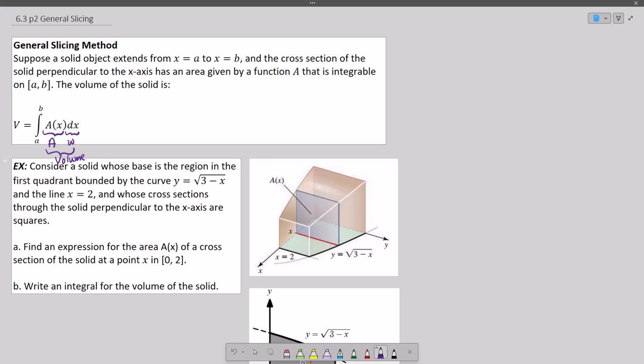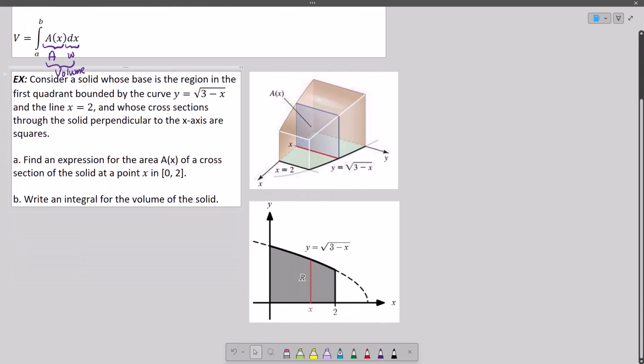Okay. So we need a very nice, easily calculable slice, cross-sectional slice. A cross-section that we can turn into a slice. So a cross-section is two-dimensional, and it's got to be a nice cross-section that we can then turn into a slice. We can add a little volume to it. So if we look at this here, they tell us we've got this curve down in quadrant 1. So we've got the xy quadrant 1, which we would rotate up if we were trying to visualize quadrant 1 right there.